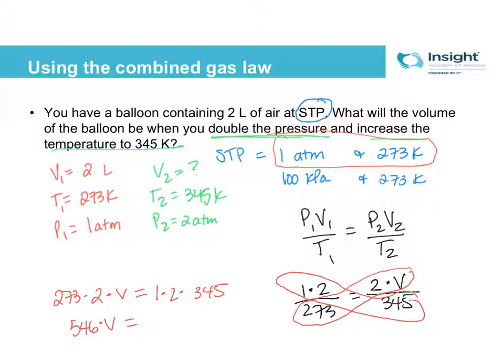Sorry, I accidentally hit the pause button there, but 1 times 2 times 345 is 690. And divide both sides by 546. All right. And I get my V is equal to 1.27 liters.